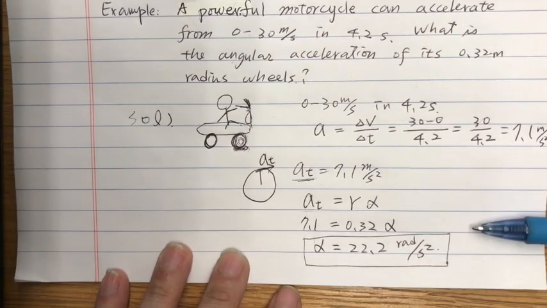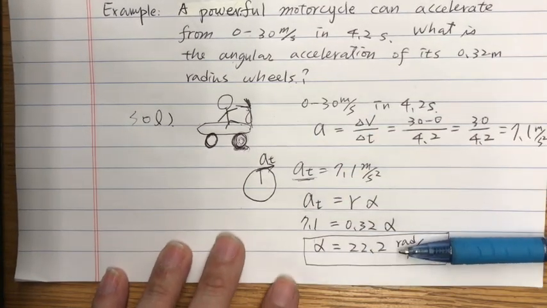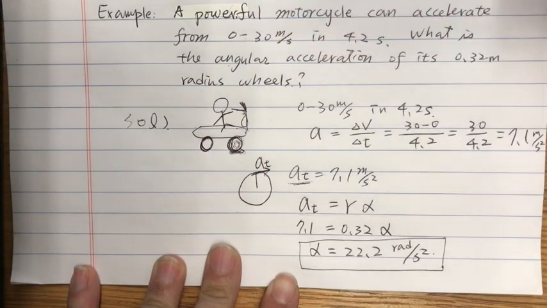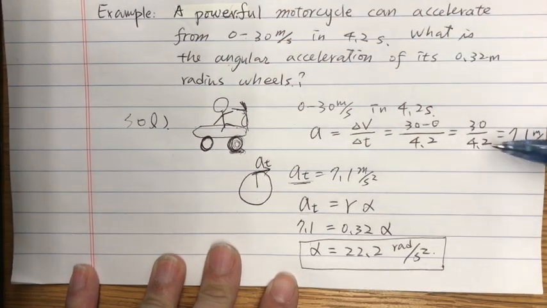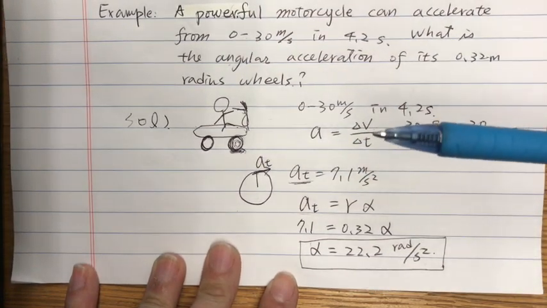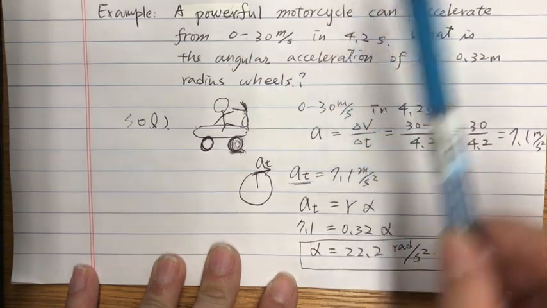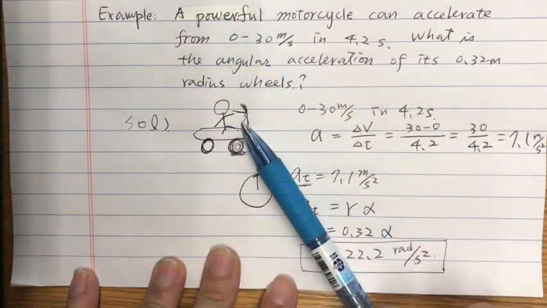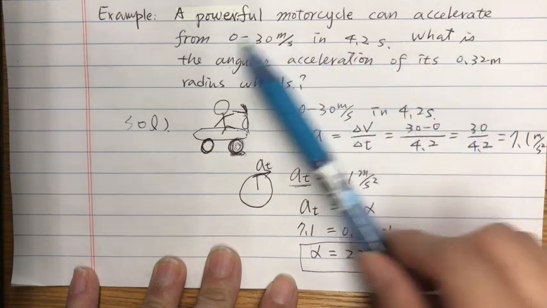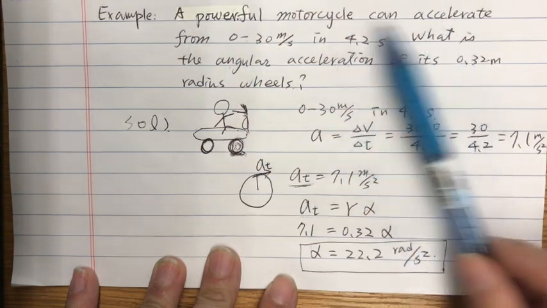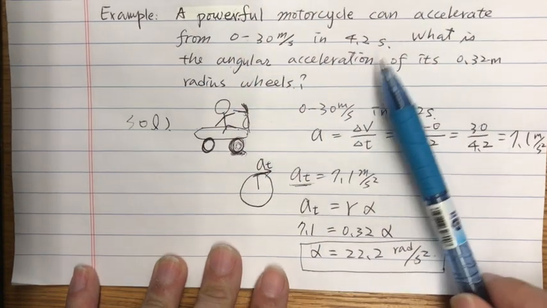The solving strategy is you need to read the problem, identify the accelerations, and see whether the acceleration is linear, tangential, or centripetal. When you figure that out, think about the physics, then start to make the connection.